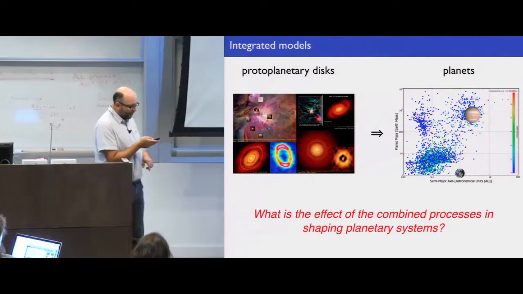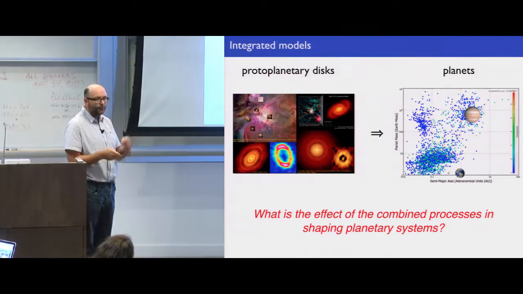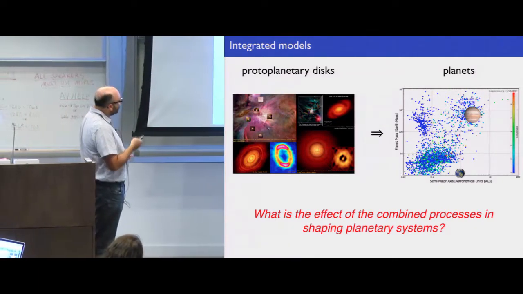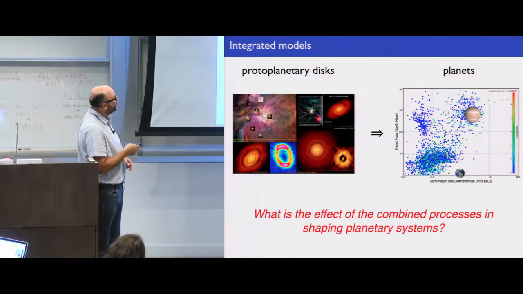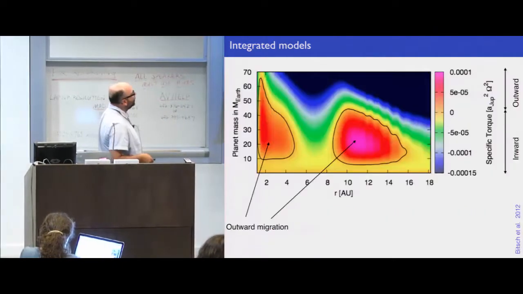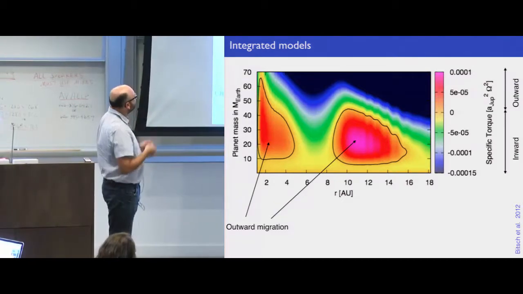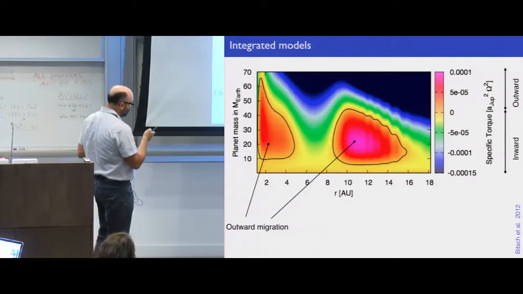So we have all these processes, and one key question is what is the combined effect of all these processes, and is it the origin of the diversity of planetary systems that we see now? So just to illustrate this, this is a diagram to show that it is important to have this interaction between processes.